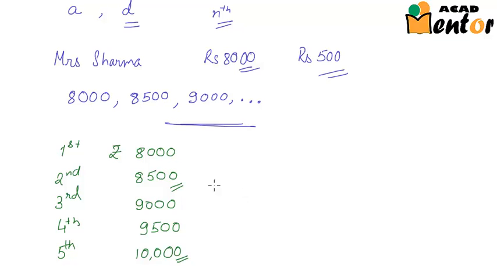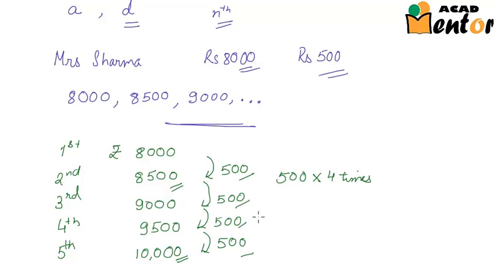Correct? Now we can see that every year there is an increase of 500, again 500, again 500, and 500. So to find out the amount in the fifth year, we see that there is an increment of 500 four times.